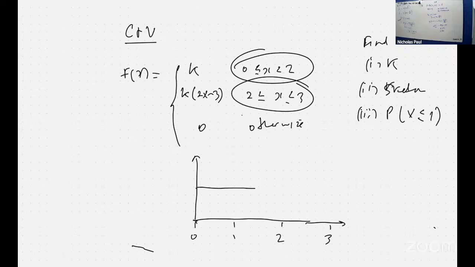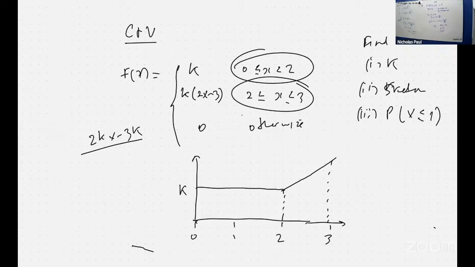And if you look at this, 2kx minus 3k, you can multiply it out. That's a straight line. Gradient is 2k, y-intercept minus 3k. So it might look something like that. I could be wrong, k could be negative, but it doesn't matter. We can still figure out everything that we need.